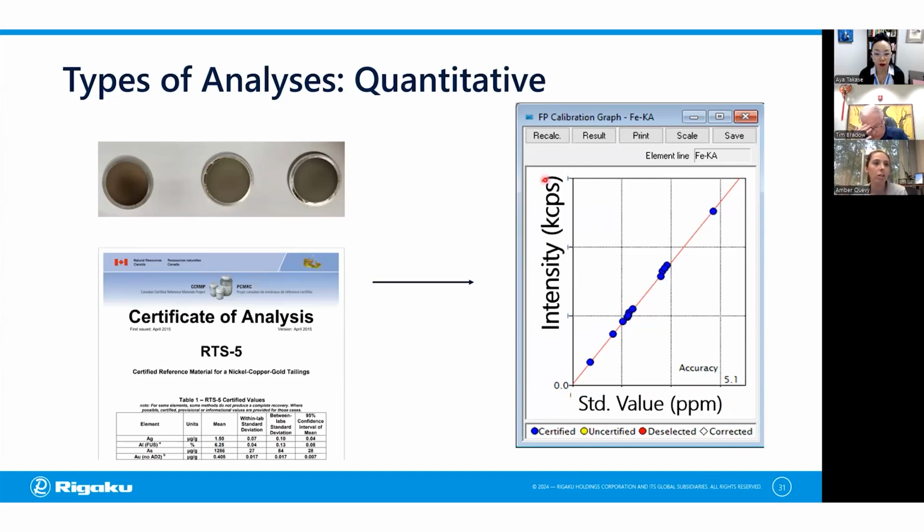Here on the left, we're going to collect an intensity with those samples, and then you have your standard values from your certificate to produce your calibration. So we'll collect the intensity of the elements for Bob's building blocks, and then we're going to tell the system what those certified values are. And now we have the intensity and what to expect for concentrations of various elements. So then we're able to run all of your unknowns back against that.